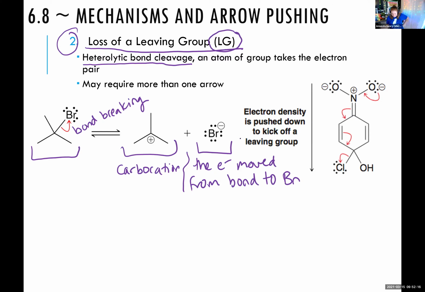The other example that's over here has a lot of arrows, but there's actually only one arrow that's showing the loss of a leaving group. So if we look at this reaction and we draw in the final product, I'm going to start up at the top because nothing's happening to that oxygen on the left. The oxygen on the right, this arrow is showing that we're going to take that lone pair and make a double bond to that nitrogen.